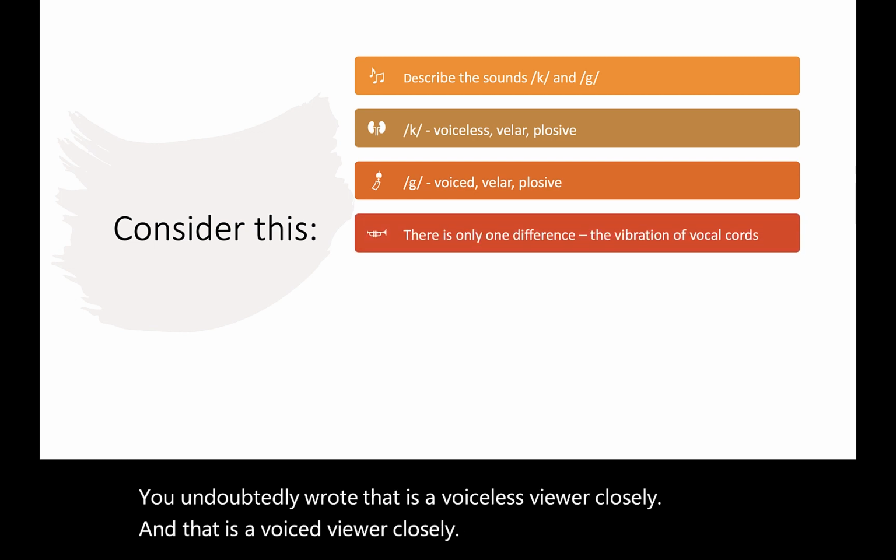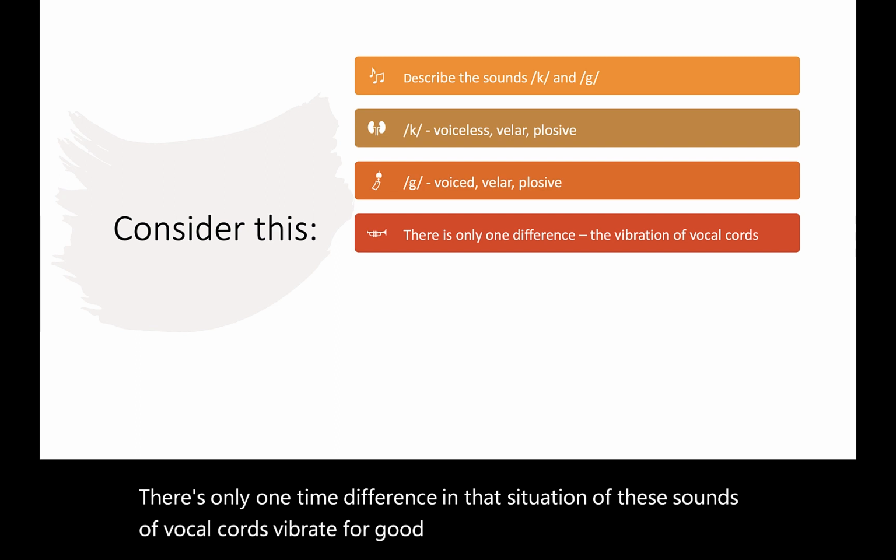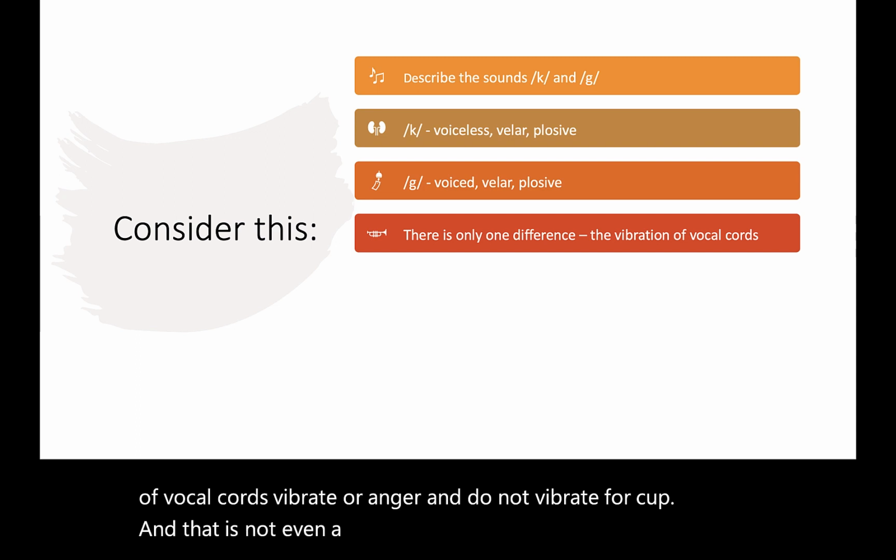There's only one tiny difference in the articulation of these sounds. Our vocal cords vibrate for G and do not vibrate for K. And that is not even a visible difference.